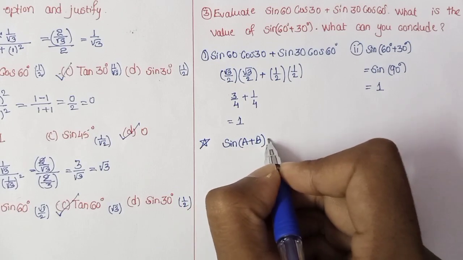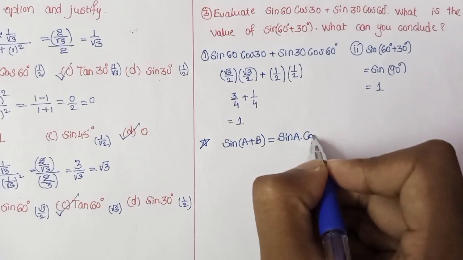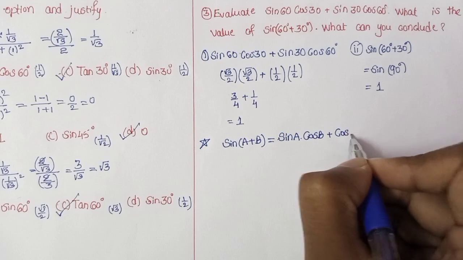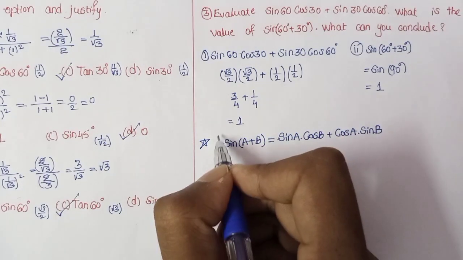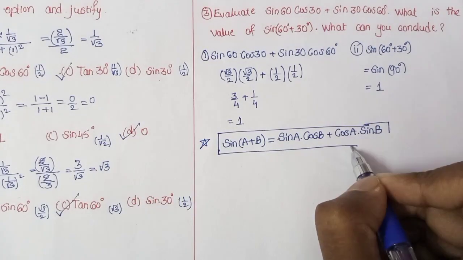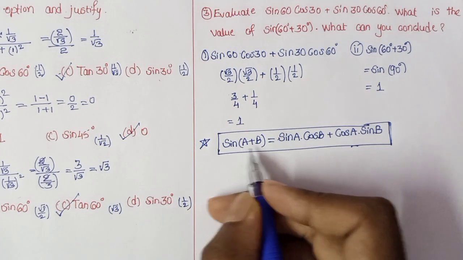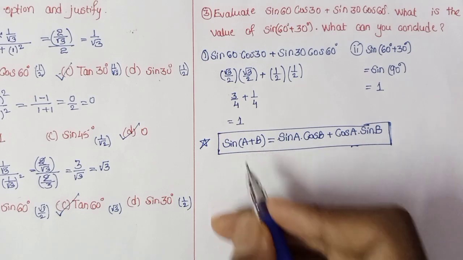Sine of A plus B is equal to sine A into cos B plus cos A into sine B. This is very important, and this will be helpful for further problems in trigonometry in further standards. So remember this formula. This will be useful in competitive exams. Most of the competitive problems will be on this.